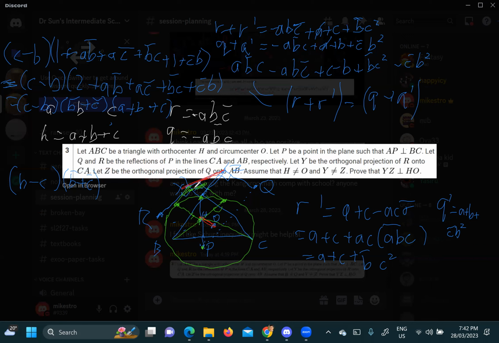It was already bashable from the start, because you can do everything I just did with H with P, but it's just going to be a lot messier. And also, how do you define P? There are two ways I can think of: you can define P with lambda, or with the collinearity condition.